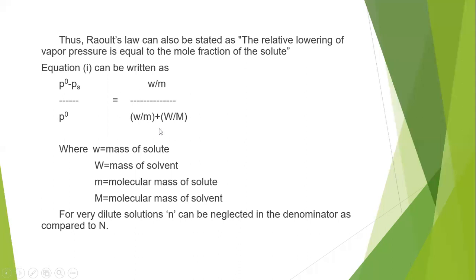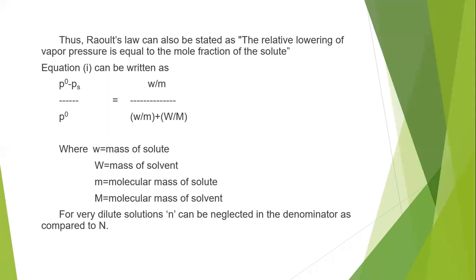In general, as we discussed in the previous videos and in this video also, Raoult's law is applicable for dilute solutions. For very dilute solutions, small n can be neglected in the denominator, because if you observe the equation, (P0 minus Ps) by P0 equals small n by capital N plus small n, in the denominator, capital N plus small n.